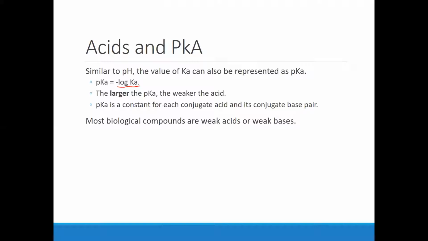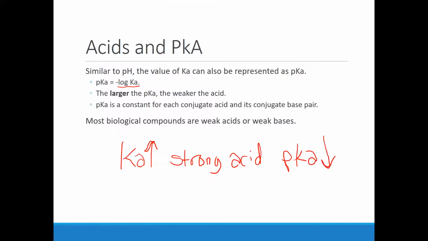And just like with pH, it's going to have a reverse trend. So the bigger the Ka, as we just said, a big Ka means that you have a strong acid. And this also means that your pKa is small.